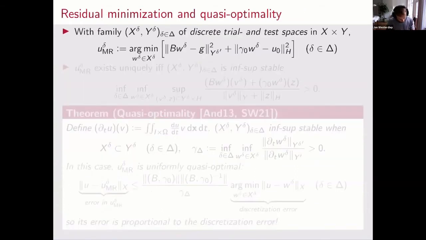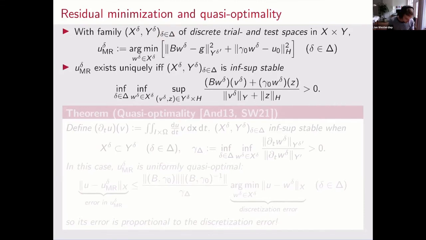So we want to find this minimal residual function given some family of discretizations, or of discrete trial and test spaces. So delta will always mean the discretization parameter, and this capital Delta will be the entire family of discretizations. It is fairly well known that these kinds of problems usually end up involving some inf-sup stability constant.